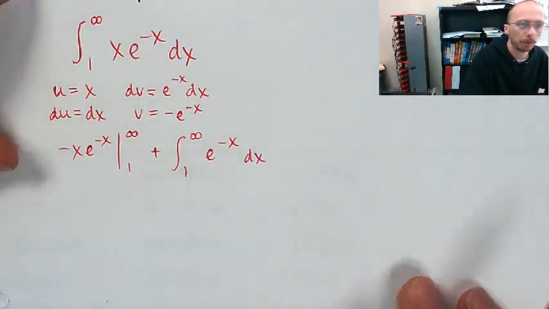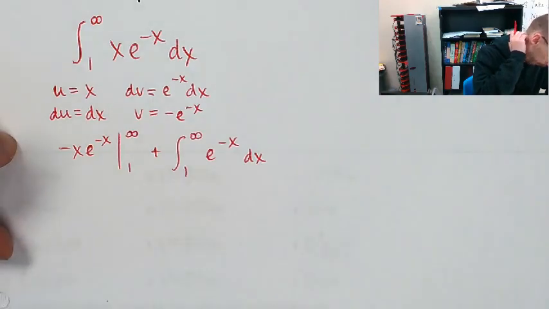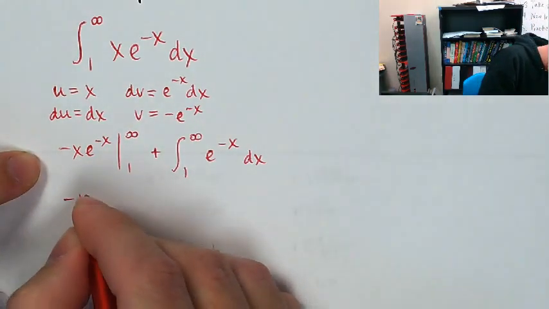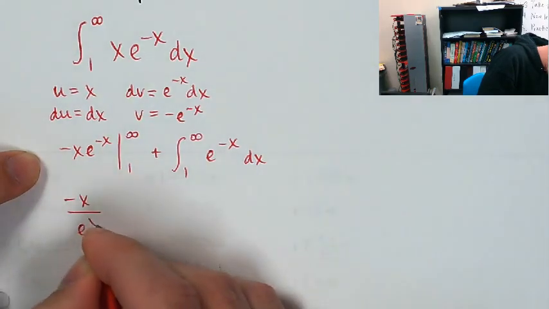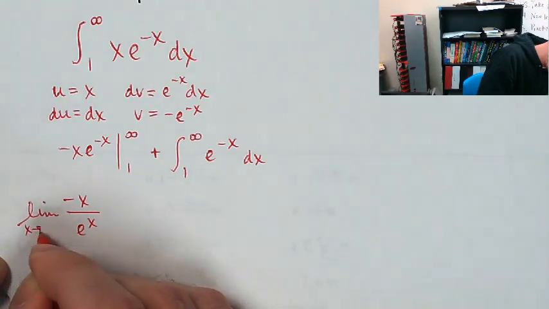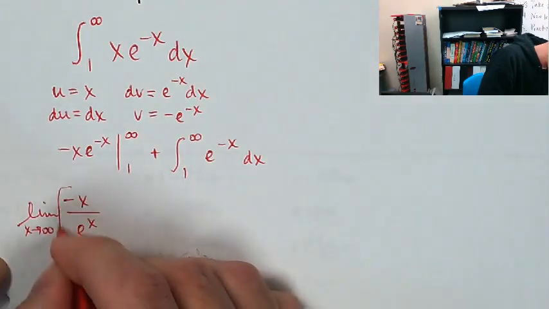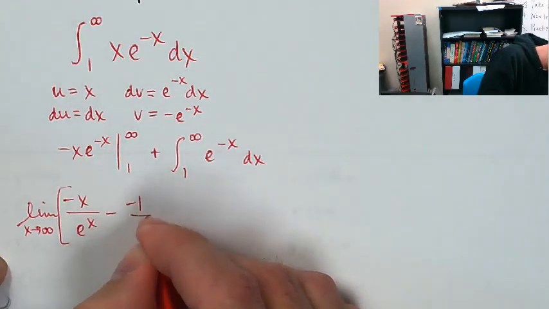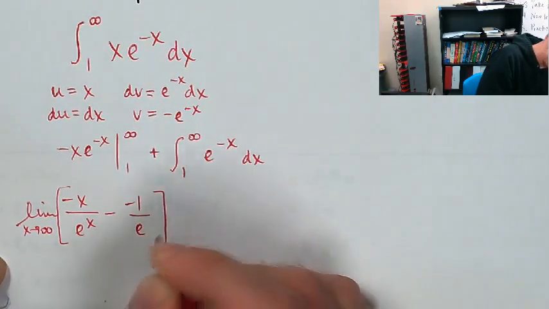Okay, I'm going to need some more room here. This is like negative x over e to the x, and I'm interested in taking the limit of that as x goes to infinity. Minus, when I plug in 1, I'll have negative 1 over e.